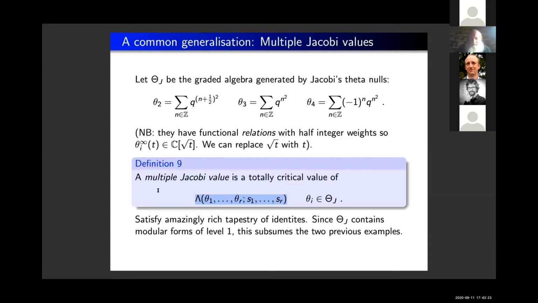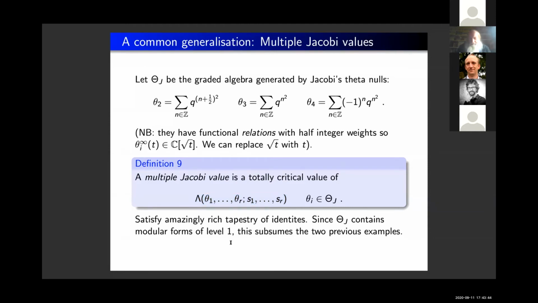Now, these numbers are going to satisfy an incredible set of identities. First of all, the theta functions alone satisfy extraordinary identities that have been explored throughout the ages. The L functions even more so.